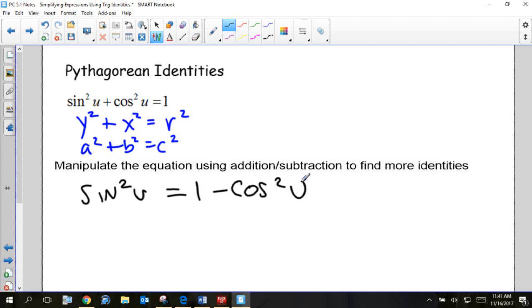There is my second Pythagorean identity. See how easy that was to manipulate it and change it into something else. Now this is telling me what sine squared always equals. So if you ever had in one of these problems 1 minus cosine squared u, you could take it out and replace it with sine squared u, which is easier than 1 minus cosine squared u.